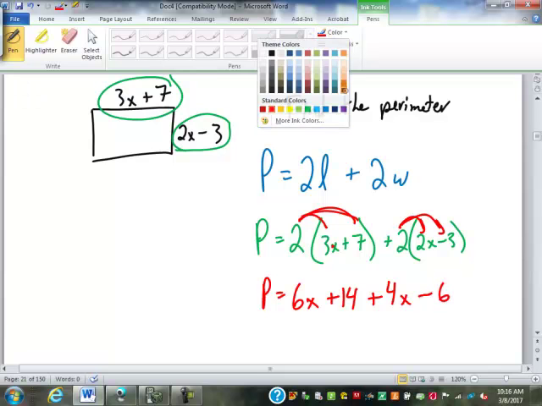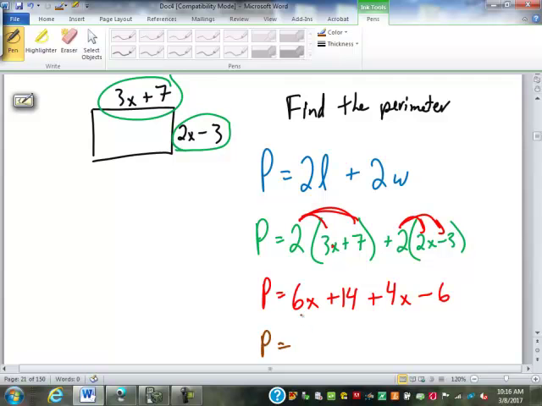And of course, we can go one more step. 6x and 4x is 10x. 14 and negative 6 is 8. So the perimeter would be equal to 10x plus 8. This is as far as we can go with that.